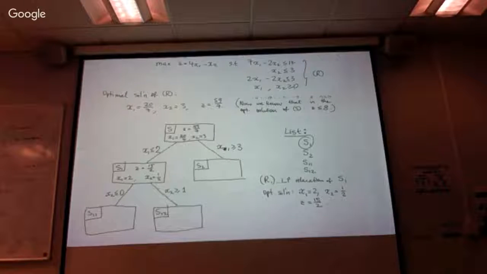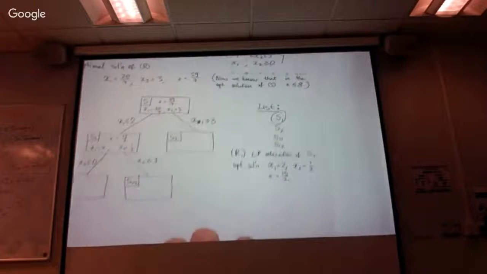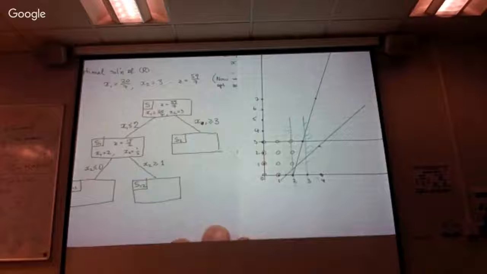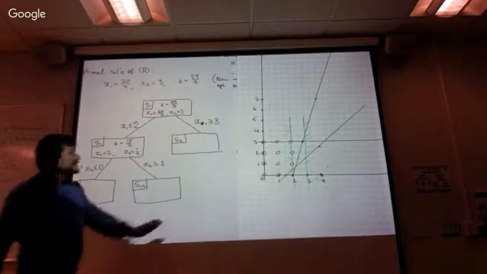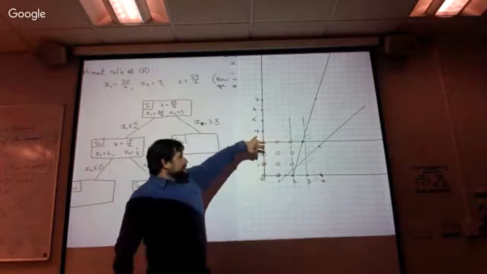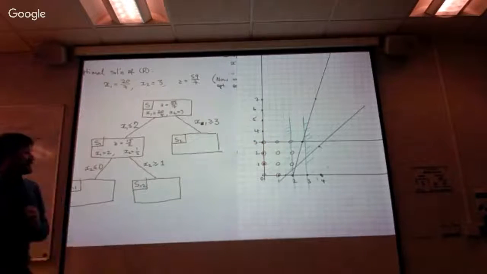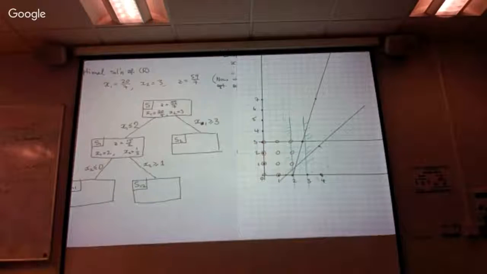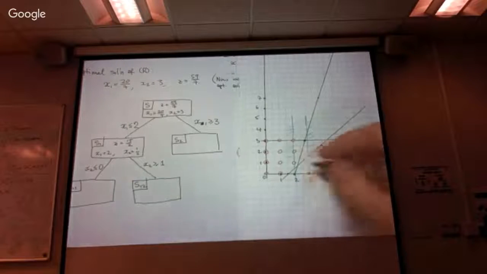Before I show you how it's starting to be interesting, let's have a look at the picture again. So we were solving the problem in this left-hand part here, and we found that the optimal solution was this corner over there.